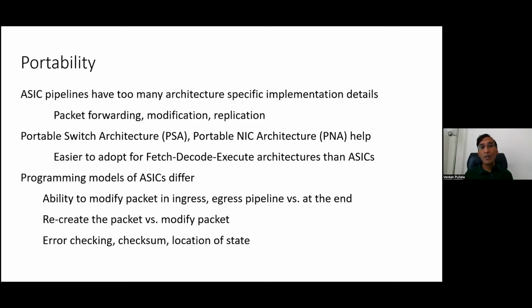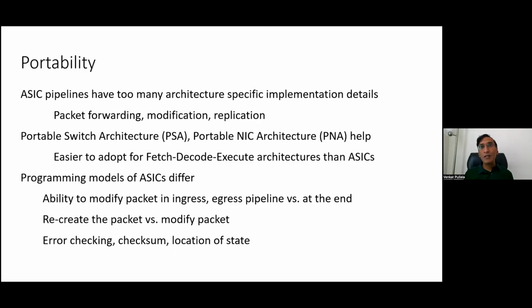And it becomes more and more important because of the wider adoption of P4 now than before. It has become the de facto standard. So what are they? What is so different, right? Simple things like, can you modify the packet in the ingress pipeline or egress pipeline? And can you even modify the packet at all? Or do you only keep metadata and modify only at the end of the pipeline?